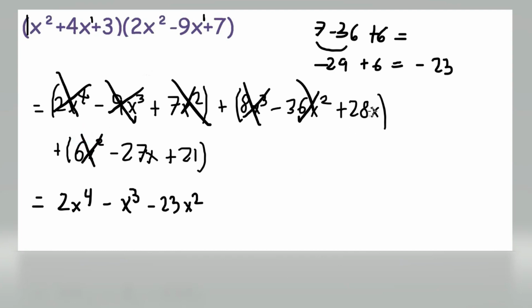Then, nakita natin ang x. So, next, simplification ng x. Let's look if there are other variables with x on it. So, ito. 28x and 27x. So, focus ulit muna tayo sa coefficients since label lang naman to. So, 28 minus 27 is 1 lang.